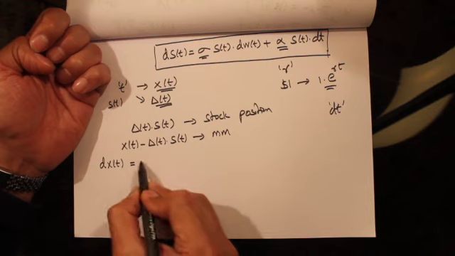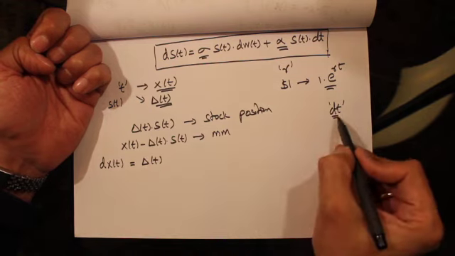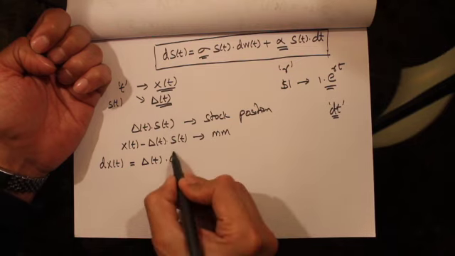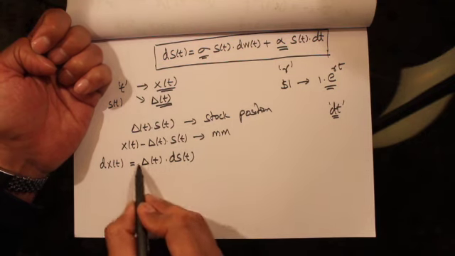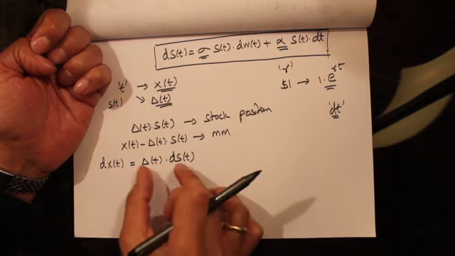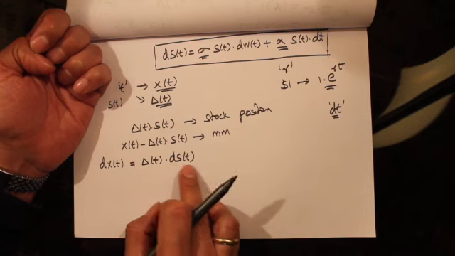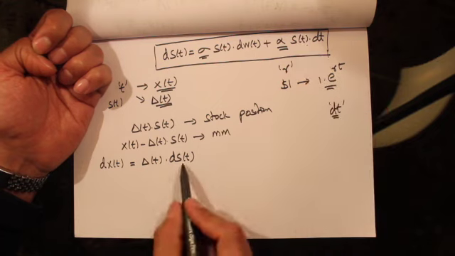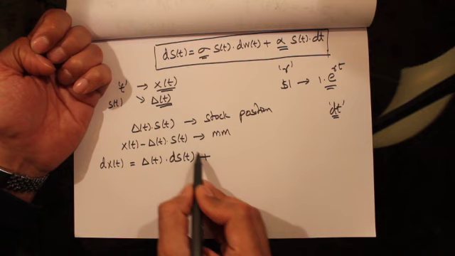If we are holding Delta(t) amount of stock at time t, then in a small time dt the stock will change by dS(t). This is the change in the value of the portfolio because of our stock position. Now dS(t), as we've already talked about, is modeled as a geometric Brownian motion.